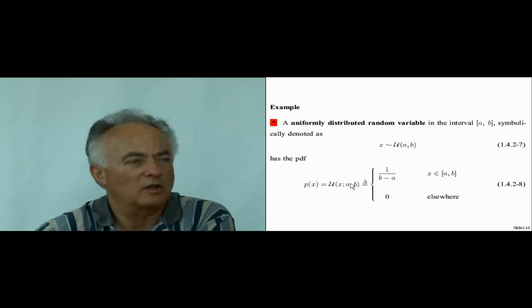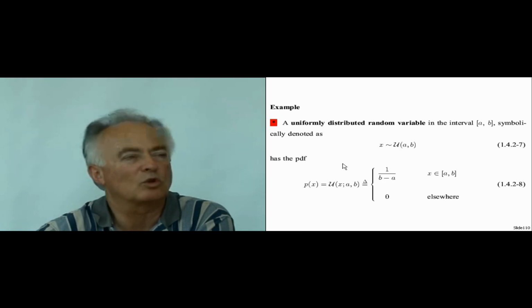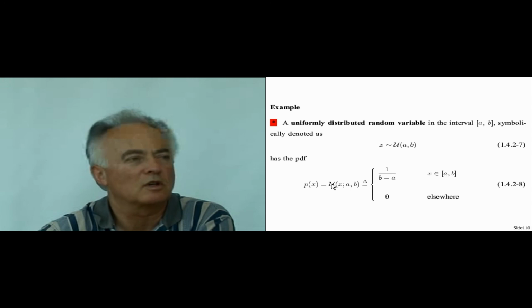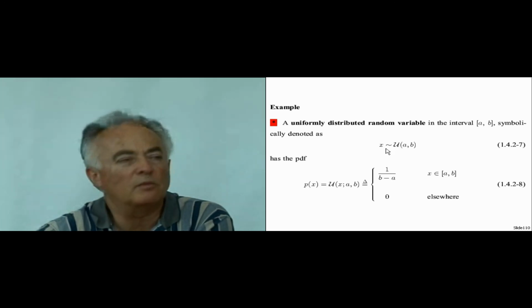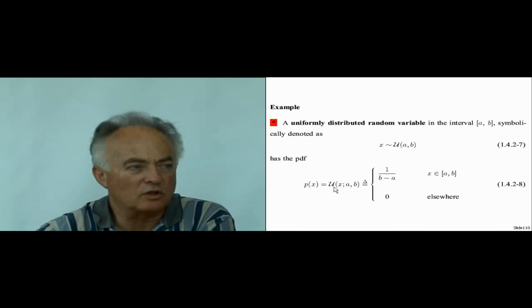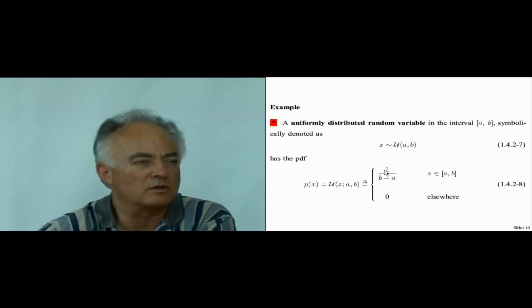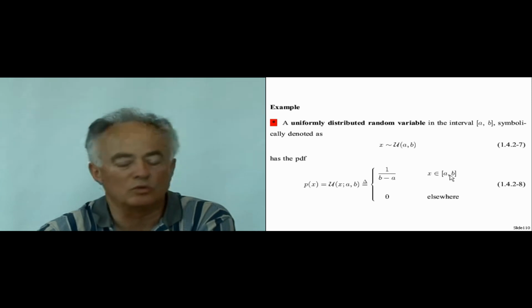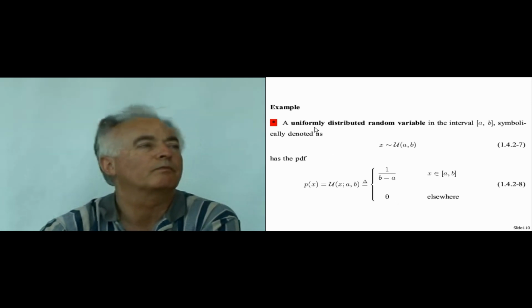As long as x is within this interval, it is 1 over the length of the interval, that's 1 over b minus a, and it is 0 outside. These are two similar but not the same notations, because again this is to be read "distributed as," and this is a function now, and it is a constant for x in this interval and 0 outside. This is why it is called a uniform random variable.